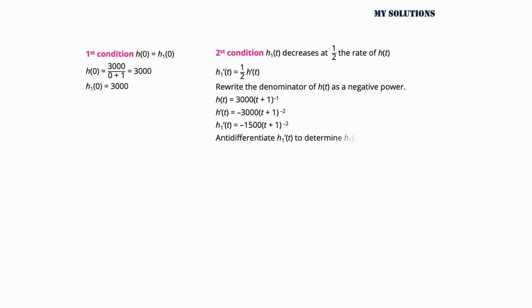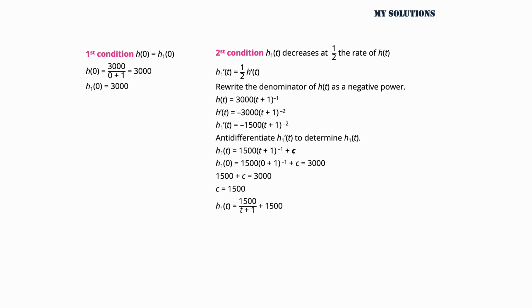We need to anti-differentiate h1 dash of t to determine h1 of t. Don't forget the constant of integration. We can now calculate the constant of integration, which is c equals 1500. So h1 of t equals 1500 over t plus 1 plus 1500.